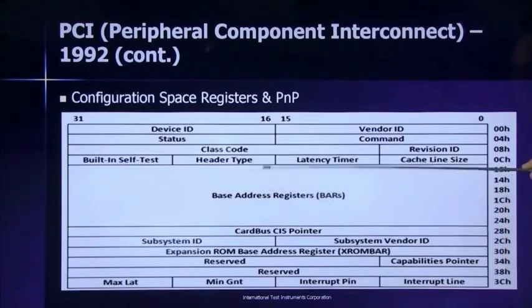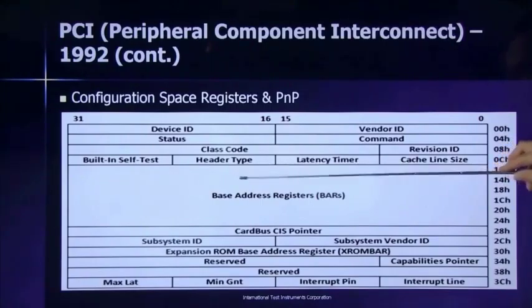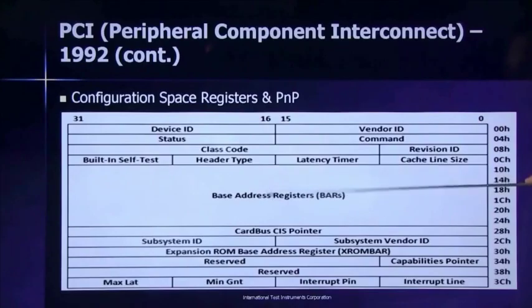The base address registers are used for letting the operating system know what memory and I/O ranges are needed by the card to do its work. So how this works is that the operating system reads the type and size required for each register bank.